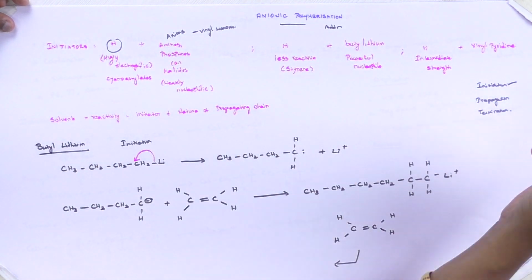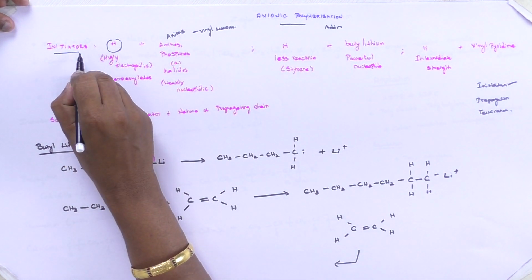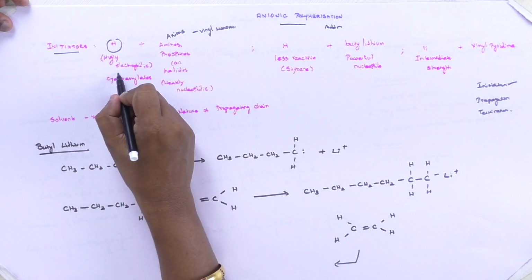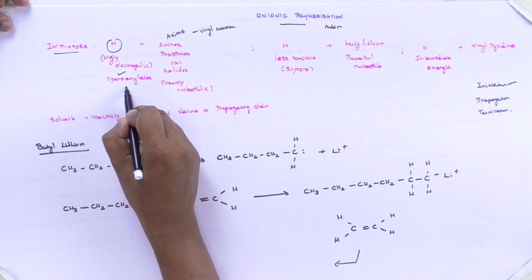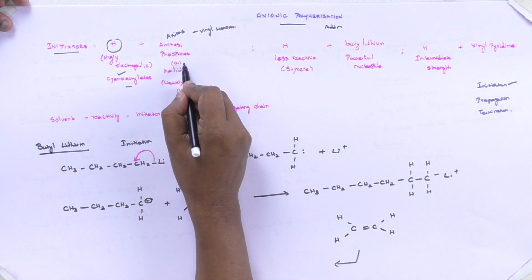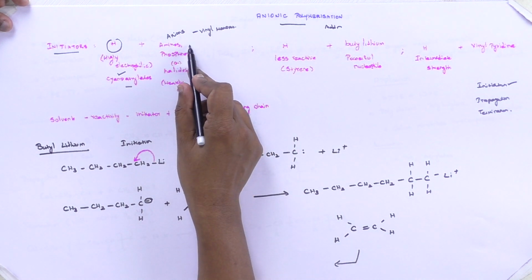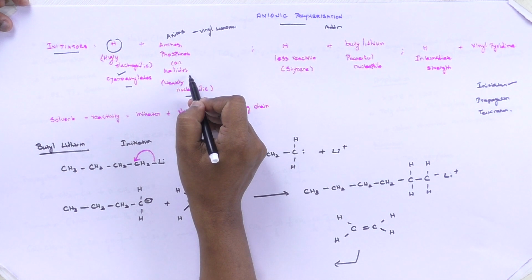Initiation is started with the help of initiators, and the initiator is selected based on the reactivity of the monomer. Highly electrophilic monomers such as cyanoacrylates can be taken. They require weakly nucleophilic initiators such as amines, phosphines or halides.